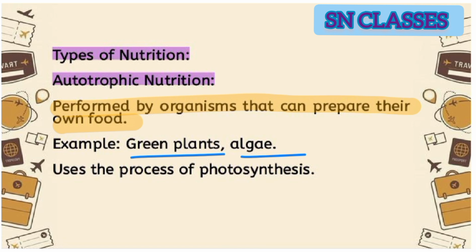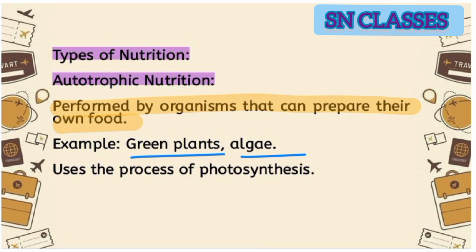Algae is also green in color, right? So algae and some of the green plants, whose cells consist of chloroplast, those are the plants or organisms that can prepare their own food, because there is a presence of a pigment called chlorophyll in the chloroplast.